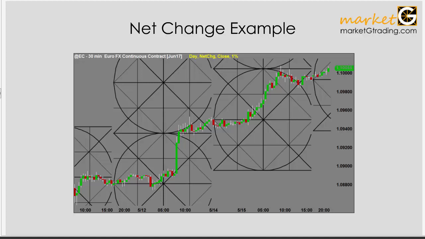The idea of net change is kind of an old pit trader idea. There were guys who would just go in and get their 1 point in the S&P back when 1 point meant something back in the 80s, and then they'd go home.